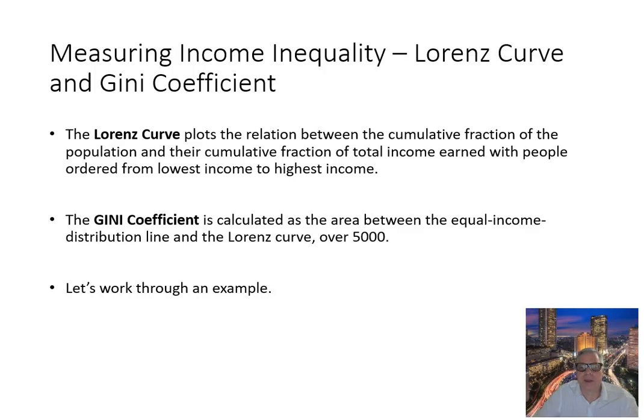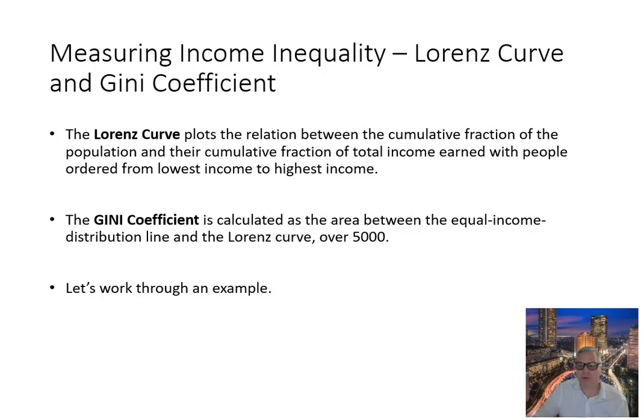We can think of it that we take our population and tell them, line up from lowest to highest income. Then we take the first 20% of the population and look at how much of the total income they get.